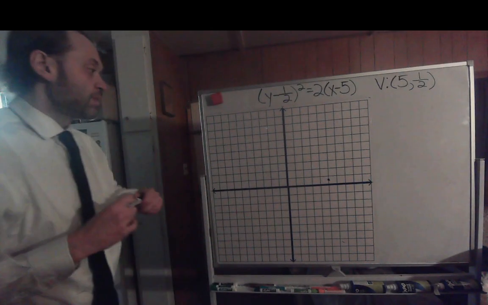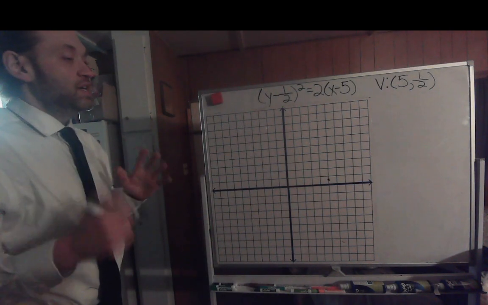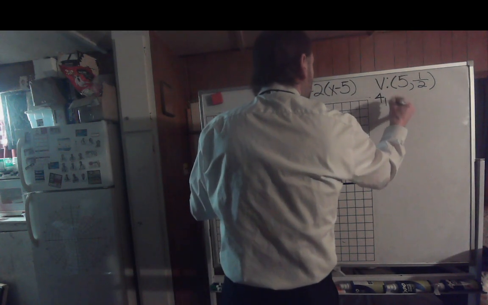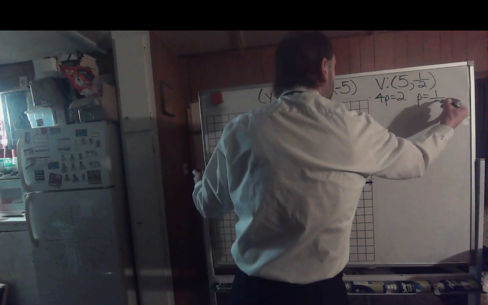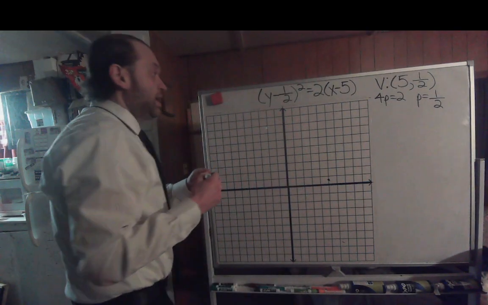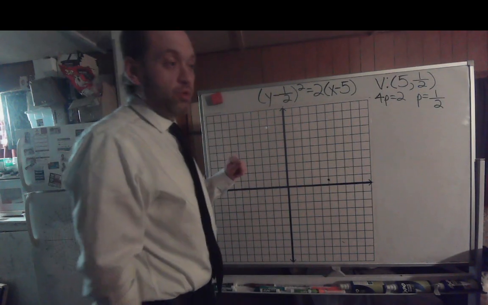Okay. Now that we've done that, let's find p. So set 4p equal to 2, you get that p equals 1/2. Okay, so we found our p. Now, which variable is linear?